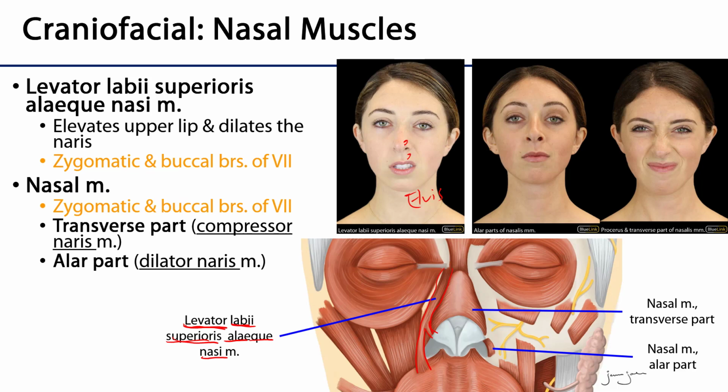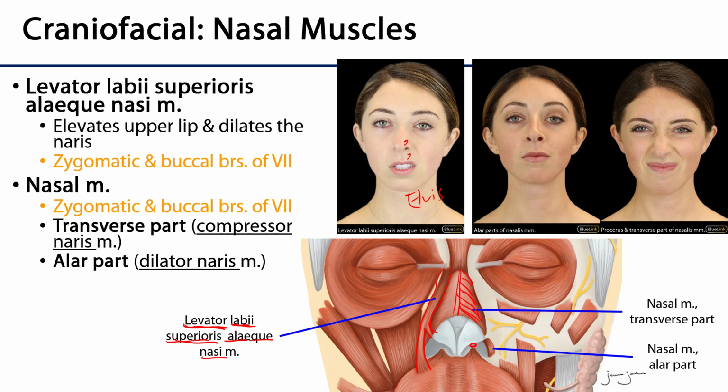The nasalis, or just the nasal muscle, has two parts to it. Sometimes these parts are given their own muscle name. So we have one part, the transverse part, that is over the body of the nose here. So running along the bridge of the nose, down laterally. Now, when that contracts, it actually constricts the nares.